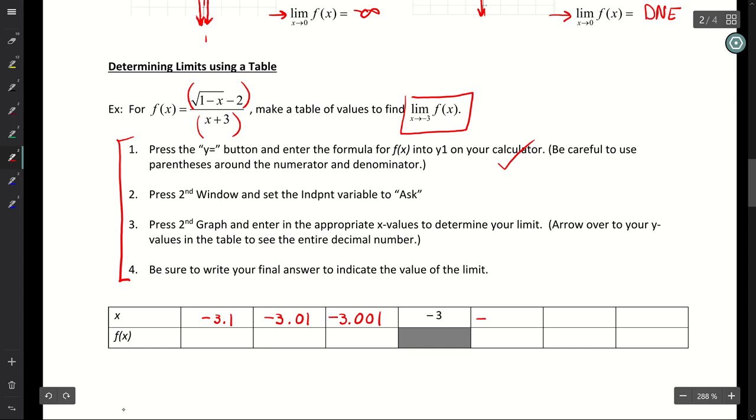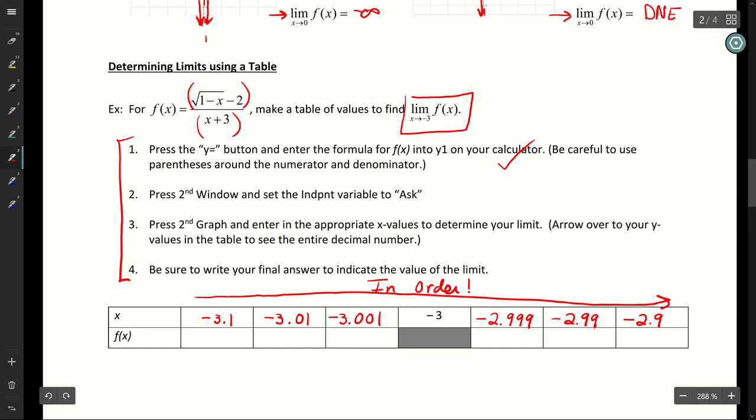So let's say I do -2.999. Generally, over here I'm using 3 decimals, so over here I'll use 3 nines. And then -2.99, and then -2.9. So whatever you do, make sure that as you look from left to right, all of these are in order. It's the most important thing.